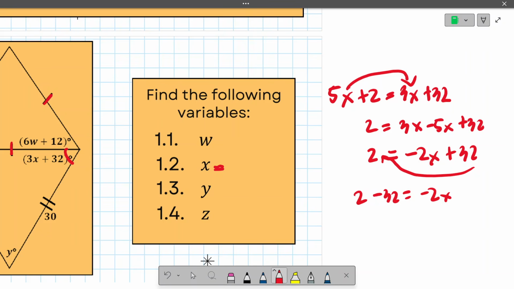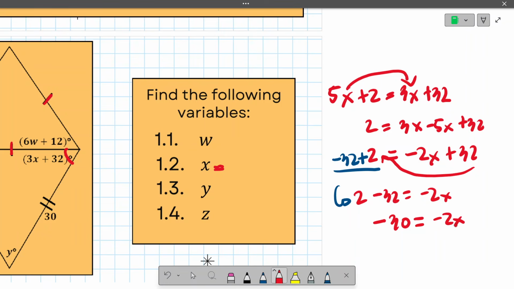Para makita niyo, kasi ang mangyayari nun, if we are going to place 32 in front of 2, it will be like negative 32 plus 2. Pero this is the same as this lang. So continue tayo. 2 minus 32, that will give us negative 30.